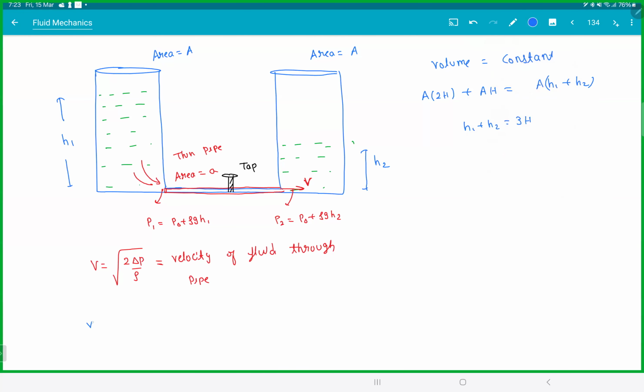So this guy would be V is equal to root over, rho will cancel, 2g (h1 minus h2). So in time dt, let this height decrease by dh1.